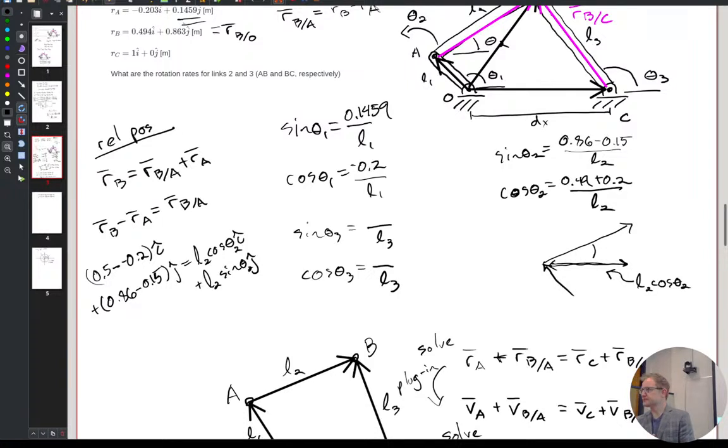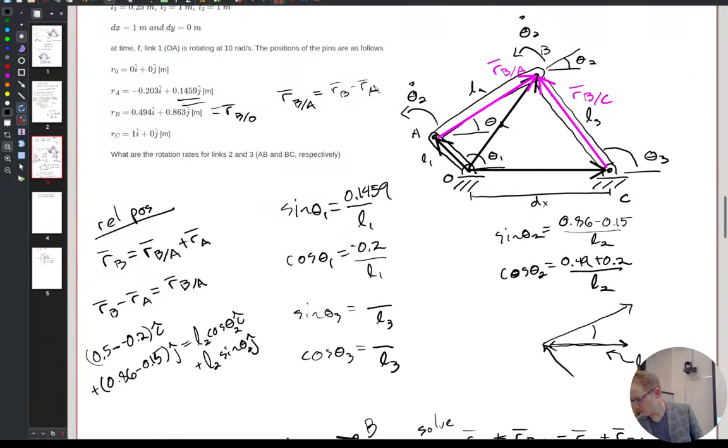All right, cool. So what do we think opposite and adjacent are for theta 3, like sine theta 3, cosine theta 3? Yeah.